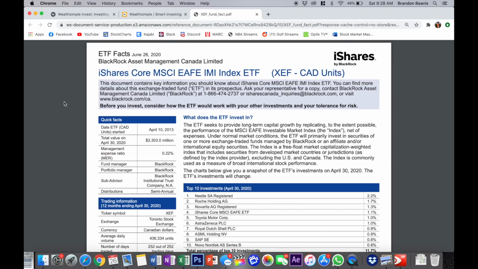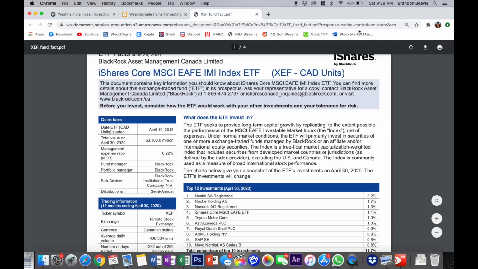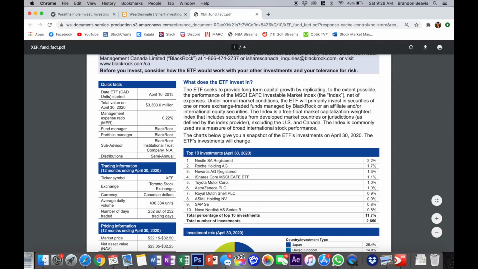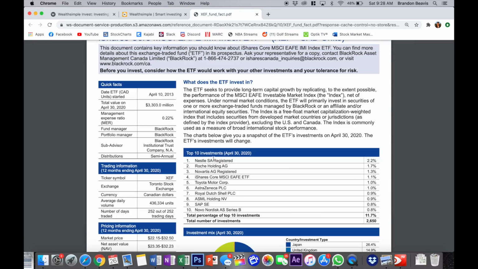If Evan had $100 invested in XEF, 22 cents of that would be taken off as iShares' fee. This is the fund's fee for packaging up this product. I mean, let's keep in mind, Evan could go out and buy all these individually. He could go out and buy 100 different stocks, but they say, hey, we'll bundle it up. We'll package it up for you, all companies in a similar area, and we're just going to charge the 22 cents on every $100 you invest.